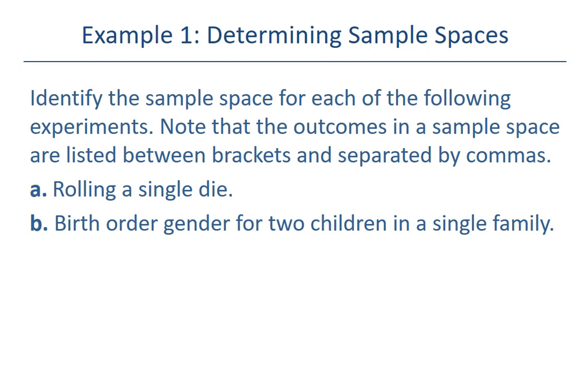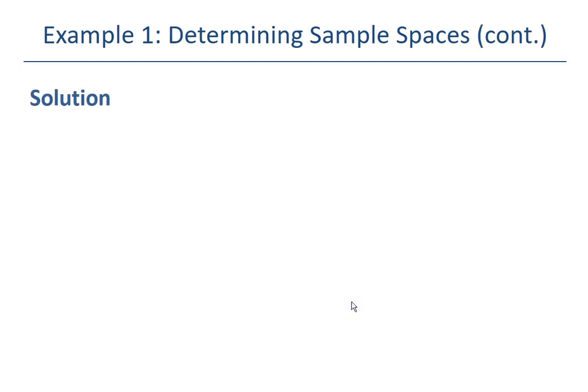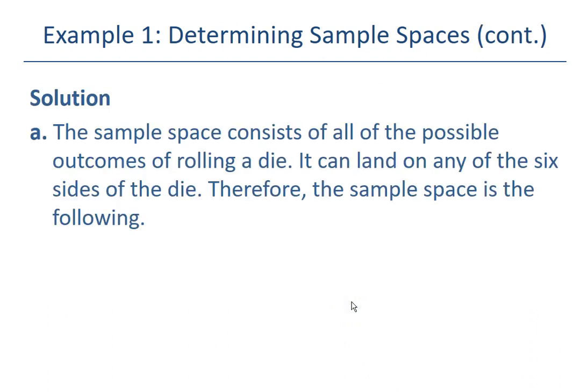So that's 2 possibilities. In a second birth, there are 2 possibilities, again. So that would give you 4 possibilities in your sample space. Let's look at the solutions.